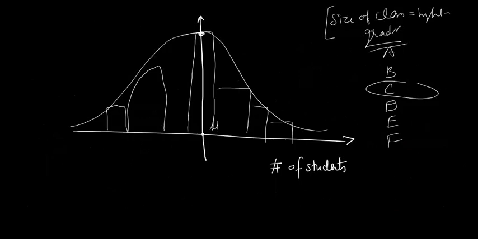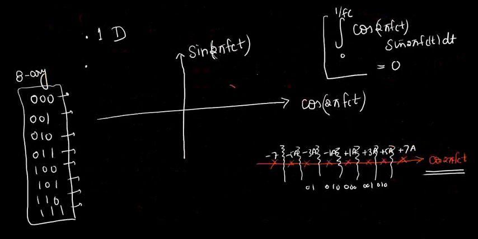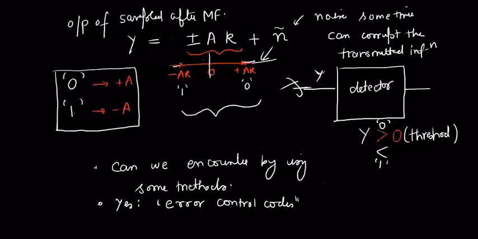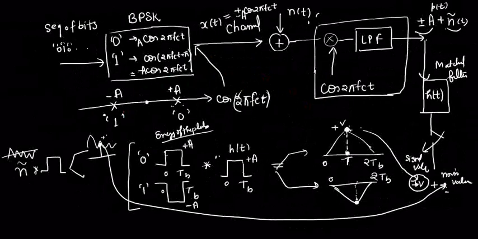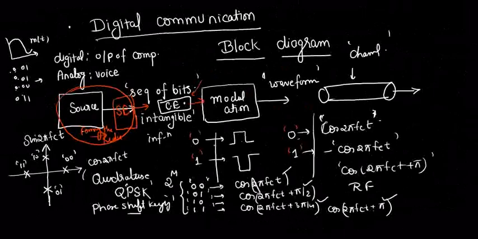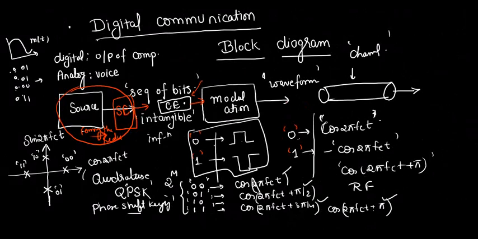If you remember, I would just go to the slide which we discussed in the last class. This is the binary scheme, where we take 1 bit at a time and there are 2 possible waveforms. In another case, we took 2 bits at a time, so there were 4 possible waveforms. Similarly, you can take m bits, so there will be 2 to the power m waveforms.